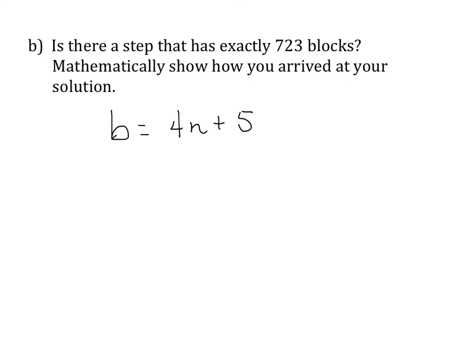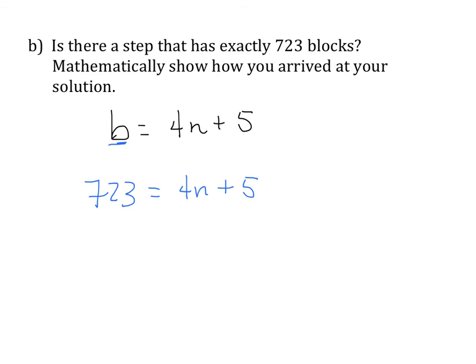The math is going to be through the explicit equation. Again, I ask myself, what is 723? Is it a block number or a step number? And certainly you can see here, it is a block number. So if I rewrite my equation, instead of b, I'm going to write 723 equals 4n plus 5.